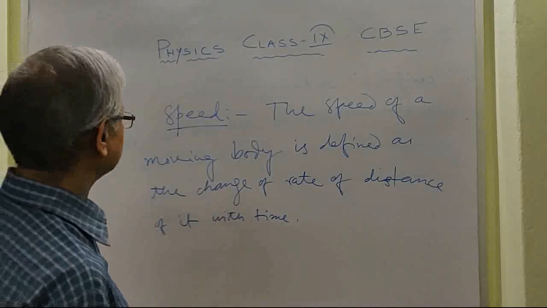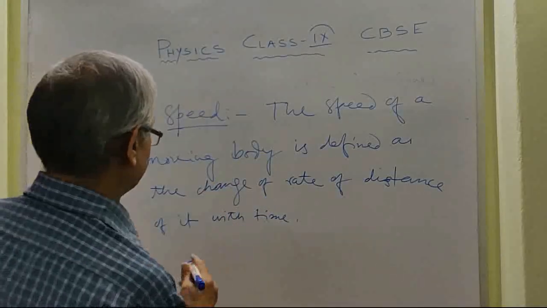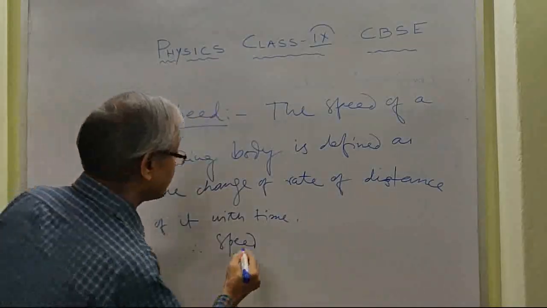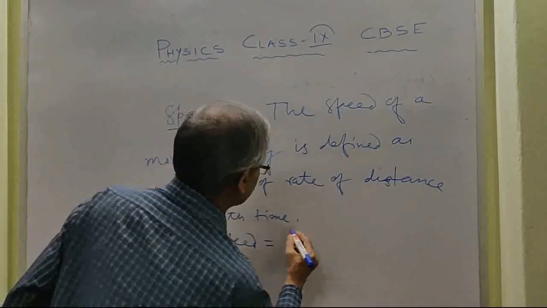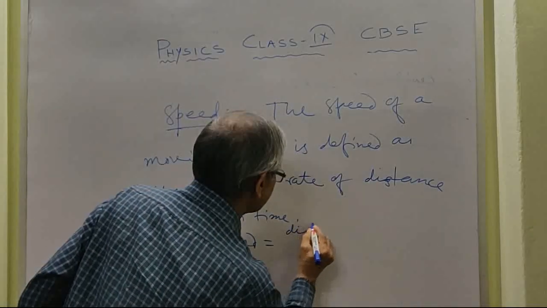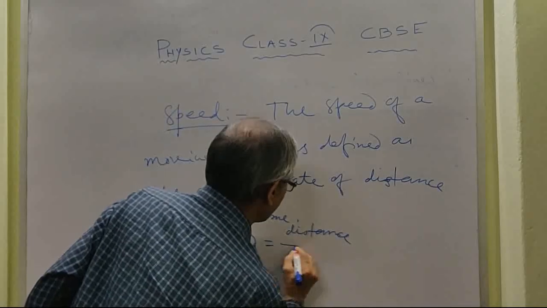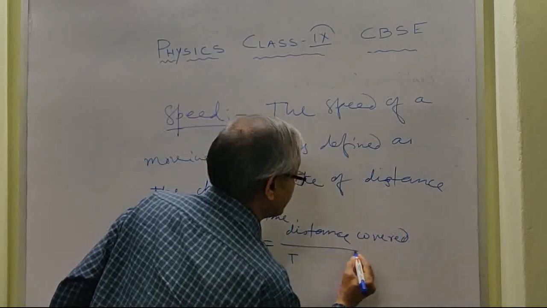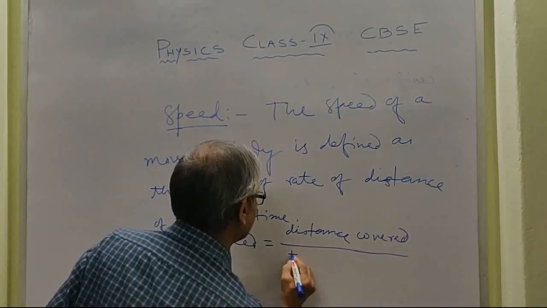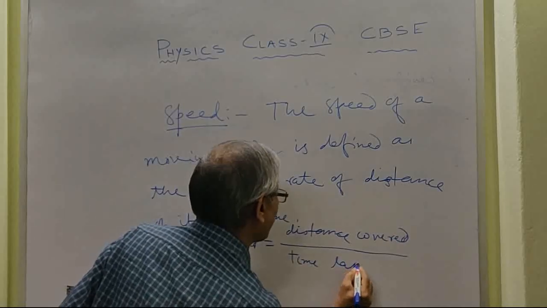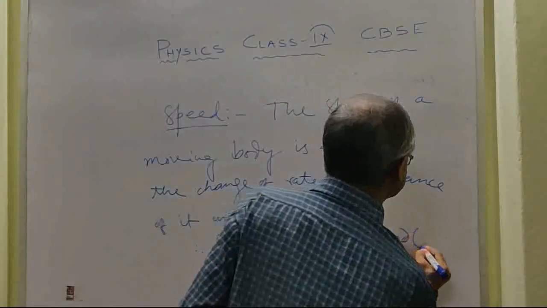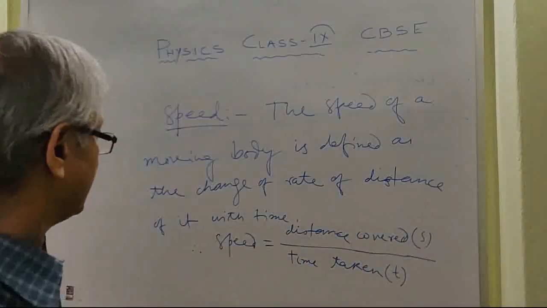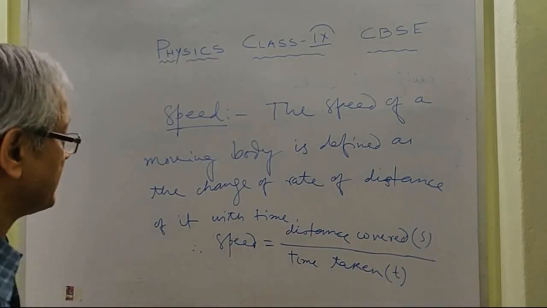So speed is the distance by time. Therefore speed equals distance covered by time taken, that is S upon T, S by T. Speed is the ratio of distance covered by time taken.